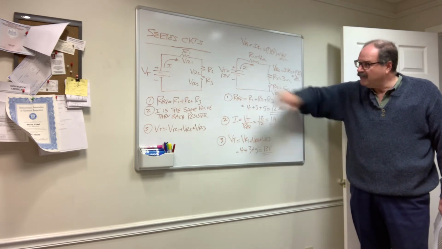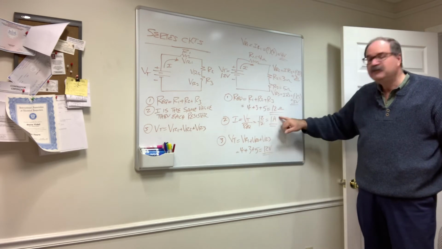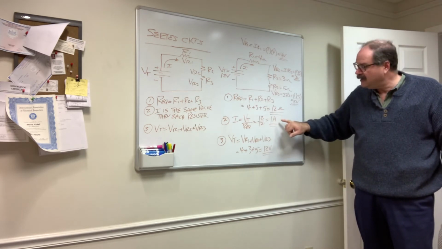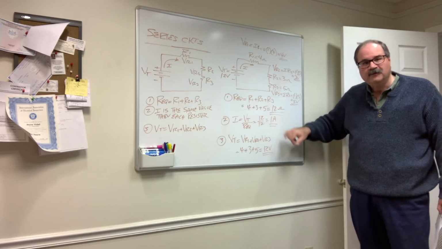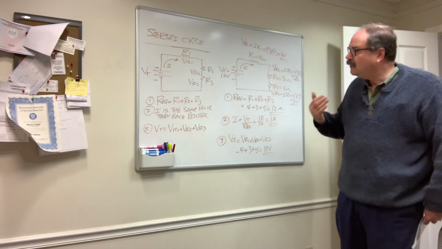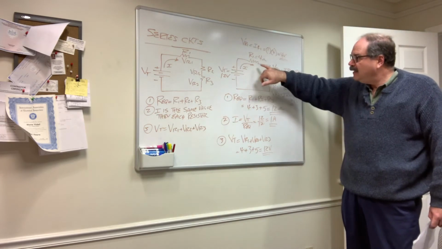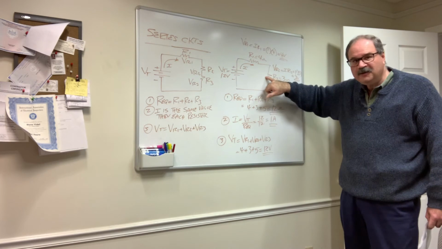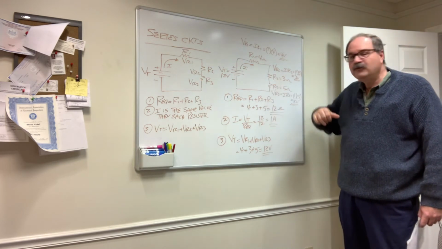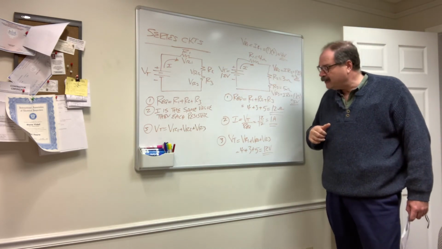So supply voltage is 12 volts. The equivalent resistance we just calculated is 12 ohms. 12 divided by 12, 1 amp of current flow. So what that means, the 1 amp of current flow goes through the 4 ohm resistor, R1, goes through the 3 ohm resistor, R2, and goes through the 5 ohm resistor, R3.